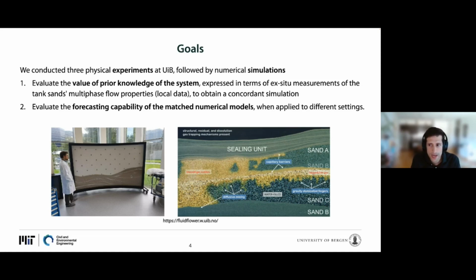And what this means is that we will be using 3 different simulation model versions, each calibrated to a different level of local measurements, and we will see how that impacts our ability to history match or calibrate the model. And then as a second goal, we wanted to evaluate also the forecasting capability of our calibrated or history matched numerical models when they are applied to a similar but different setup.